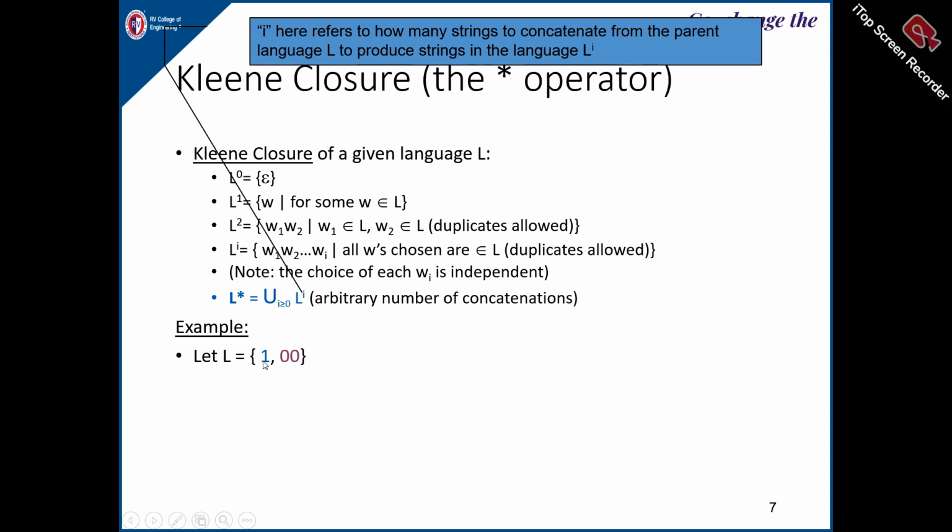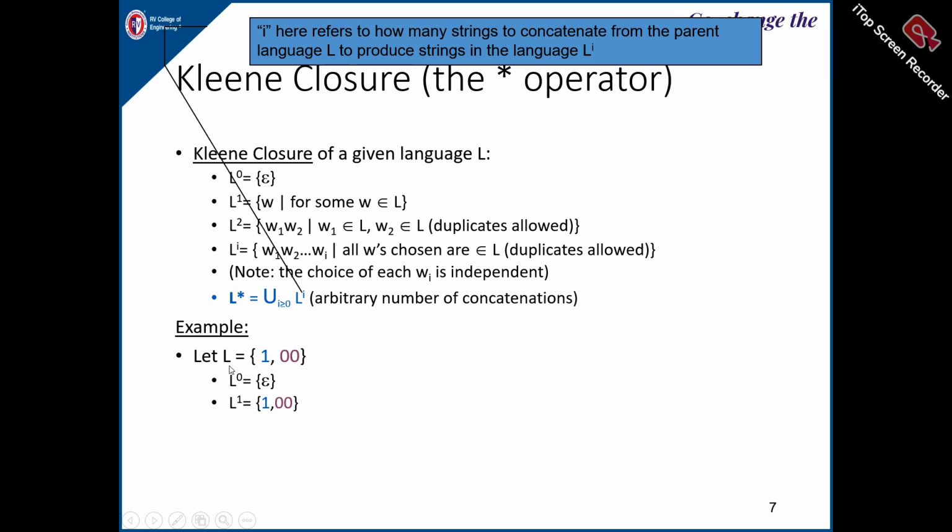Suppose L is equal to {1, 00}. These are the two strings which belong to the language L. Then L0 is nothing but epsilon, as we have seen, the empty string. L1 is obtained by taking any one string from L, so L raised to 1 is {1, 00}.